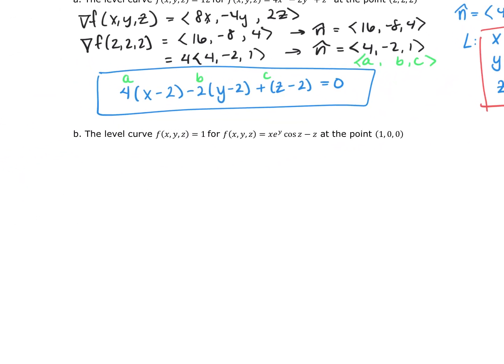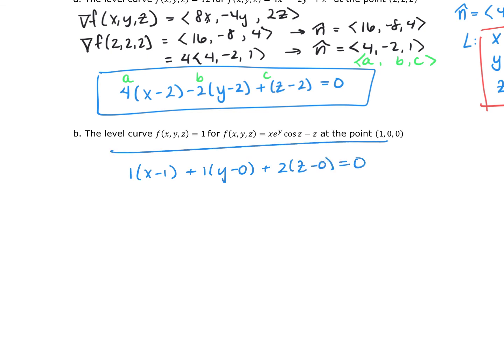Let's do this last one here, and I'm just going to give you the equation of the tangent plane, and then the equation of the line. So the equation of your tangent plane is going to be 1(x minus 1) plus 1(y minus 0) plus 2(z minus 0) is equal to 0.